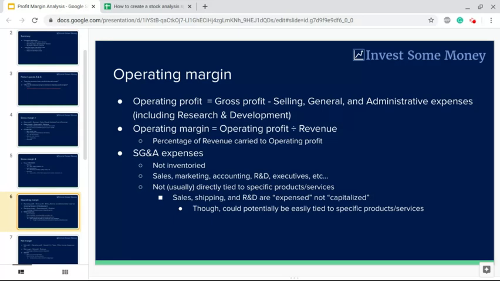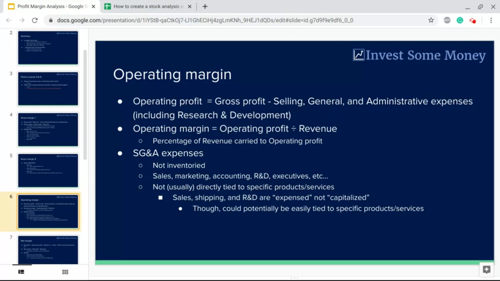So a couple things about SG&A expenses, particularly some things that might not be quite so intuitive. They are not inventory expenses. As a dollar is spent for an SG&A expense, it goes to the income statement. Okay, so it's expensed, not capitalized, to use the accounting phrasing there.